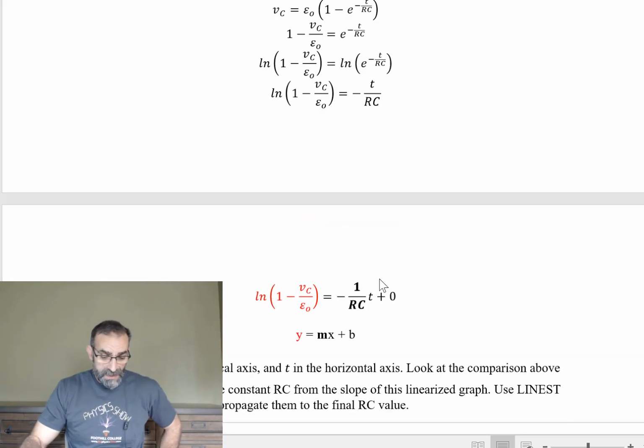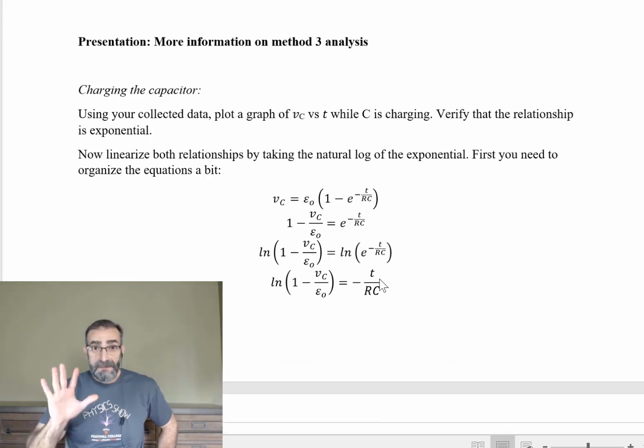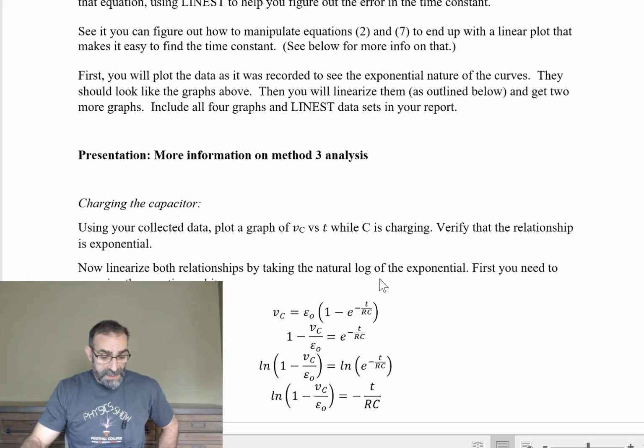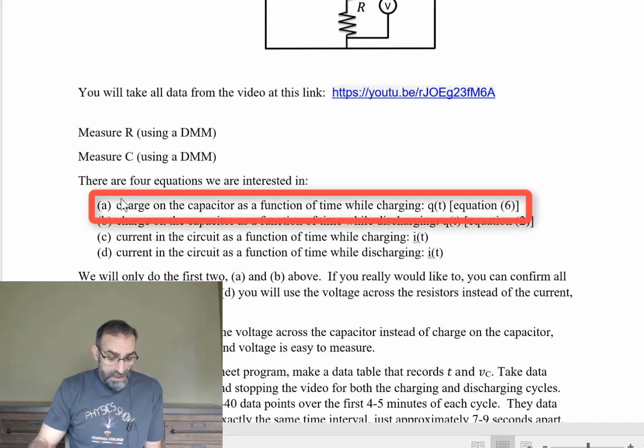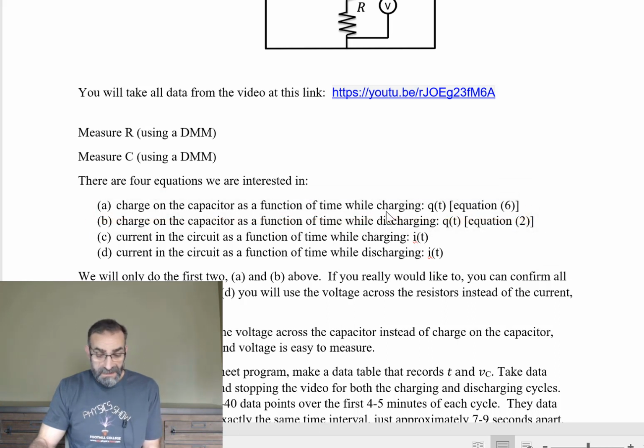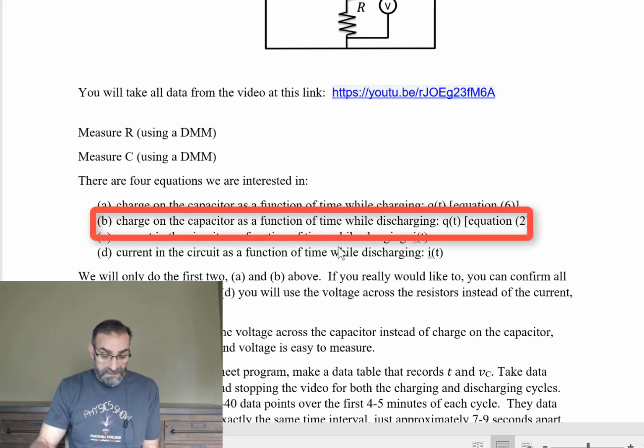What you're going to do, you'll actually end up with five measurements. There are 4 equations in this document. There's charge on the capacitor as a function of time. We just talked about that, right? And we can look at that while it's charging, and we can look at that while it's discharging.